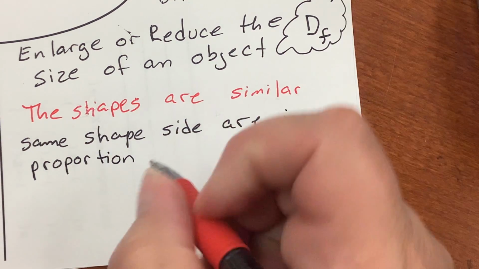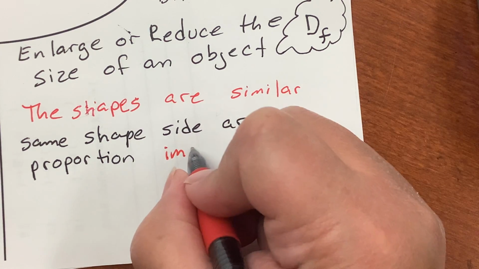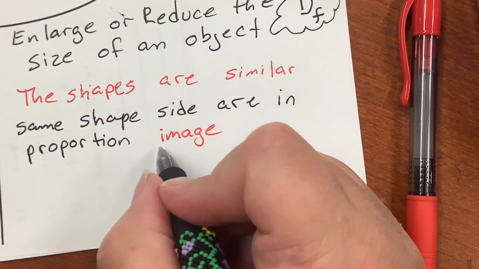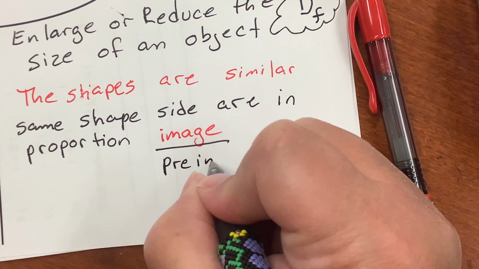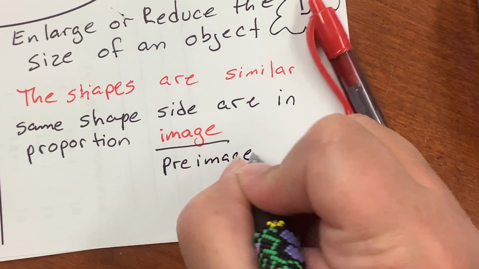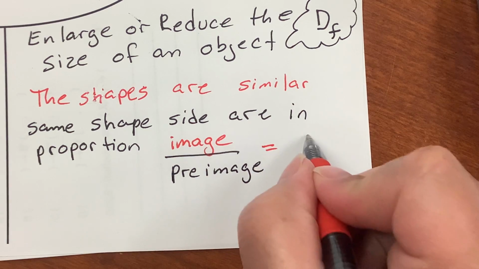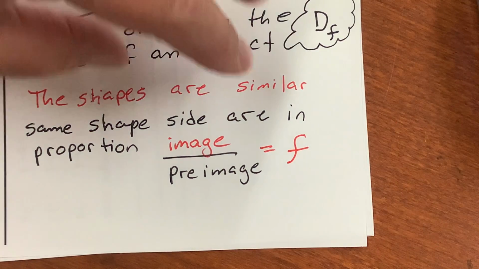It was the image numbers over the pre-image. And that gave us what? The scale factor. This is equal to the scale factor. F is the scale factor.